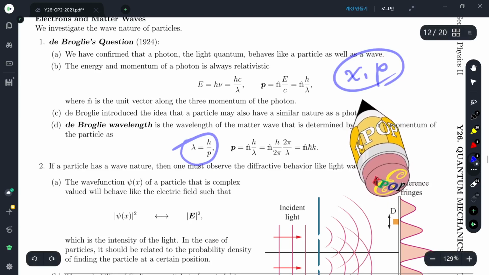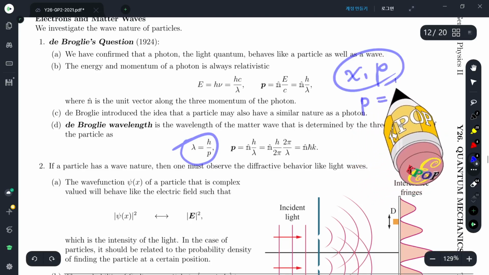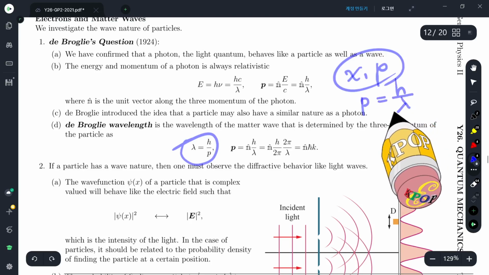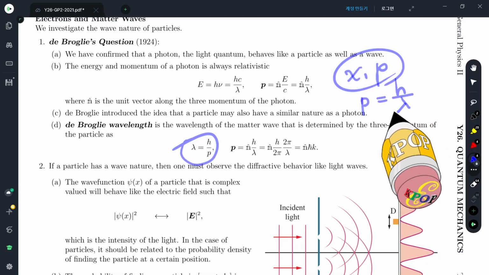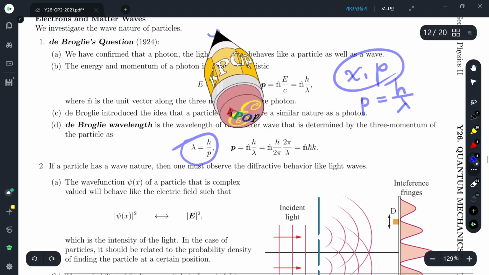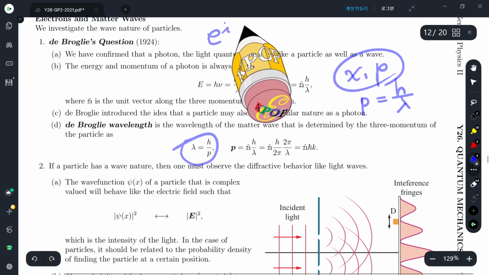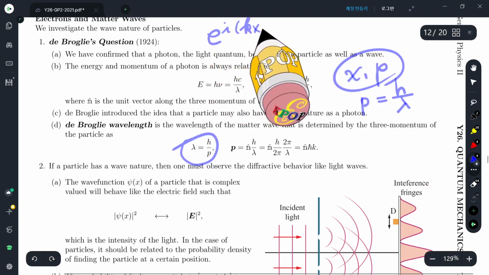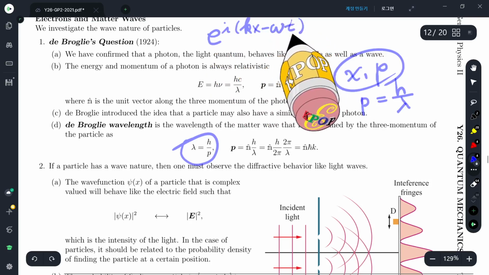Here, p is determined by the wavelength, and a wave is always expressed in terms of, for example, exponential of i(kx minus omega t) style.